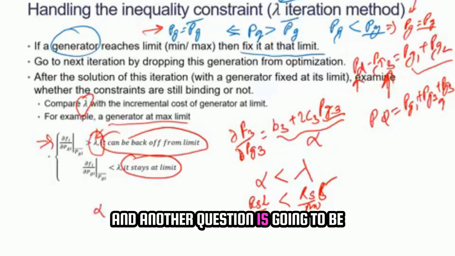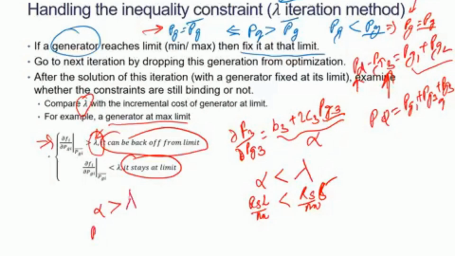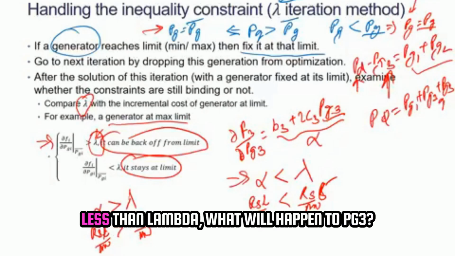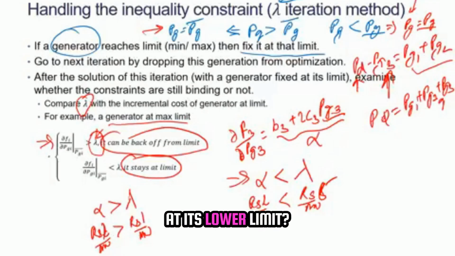And another question is, what will happen in this case when alpha is less than lambda? What will happen to PG3? Will it remain at its lower limit?